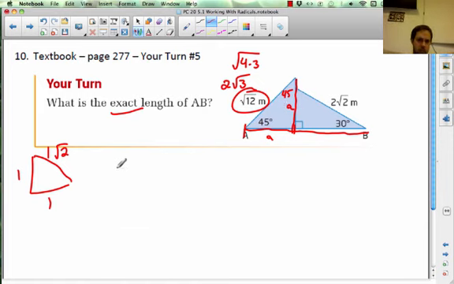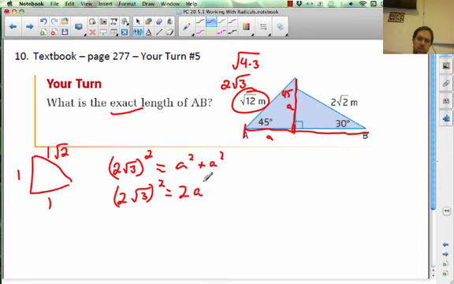So we go 2 root 3 squared equals A squared plus A squared, which means 2 root 3 squared equals 2a squared. 4 times 3 equals 2a squared. 12 equals 2a squared.